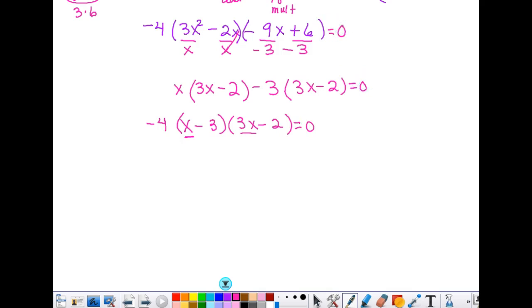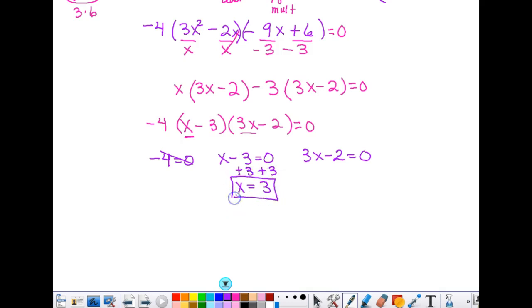Okay, so we're going to set each one of these factors equal to 0. Negative 4 equals 0. X minus 3 equals 0. Whoops. 3x minus 2 equals 0. Negative 4 doesn't equal 0, so bam, it goes away. Yeah, x is going to be 3 because we're going to add 3 to both sides.